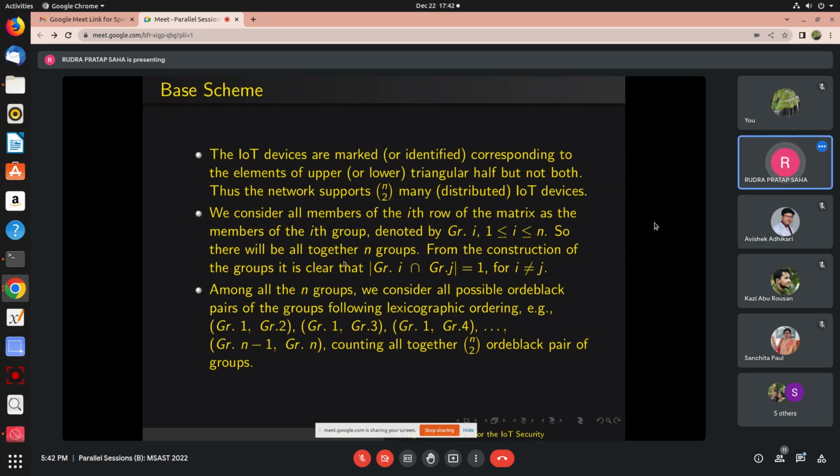From the construction of the groups, it is clear that the intersection of two distinct groups is exactly one element. So among all the n groups, we consider all possible ordered pairs of the groups following lexicographic ordering. If we take n rows and the total number of IoT devices is n choose 2, then with lexicographic ordering we construct n choose 2 many pairs of groups.